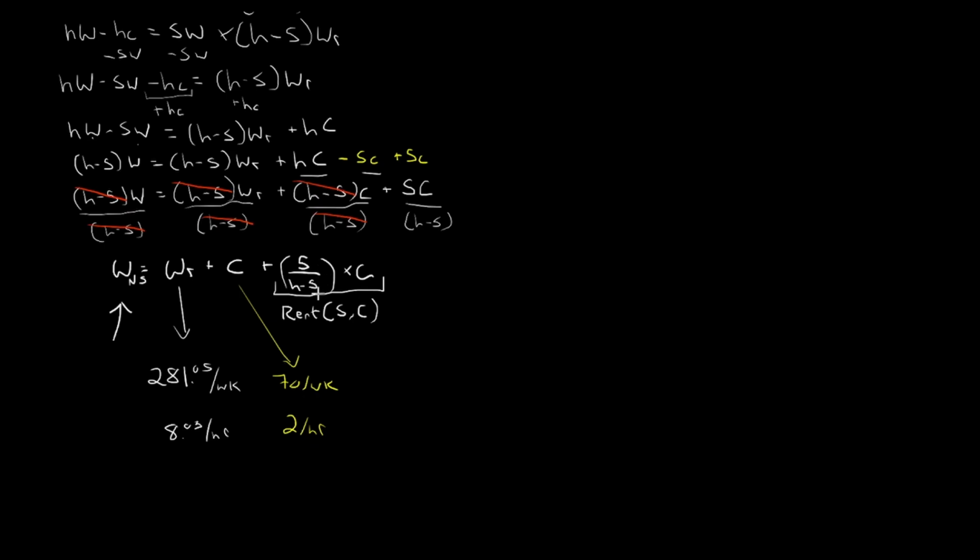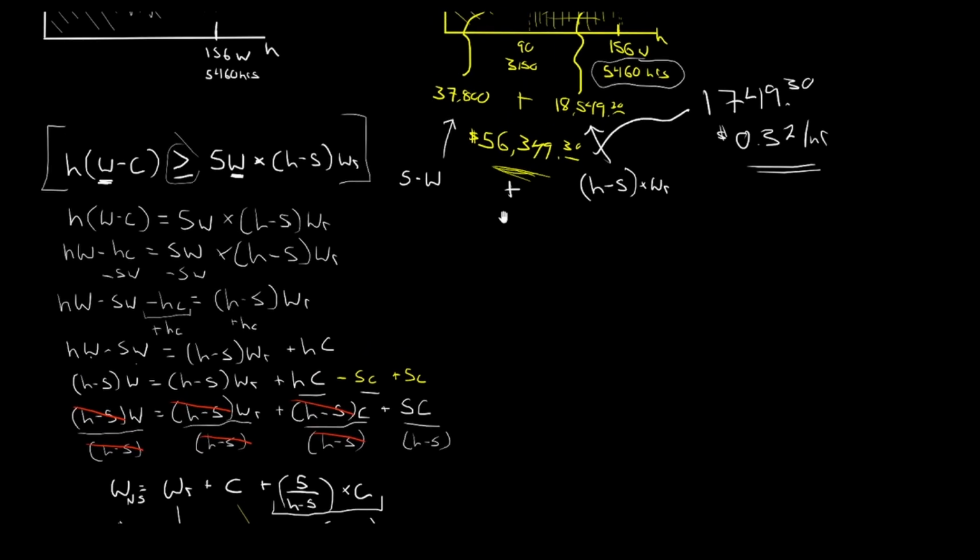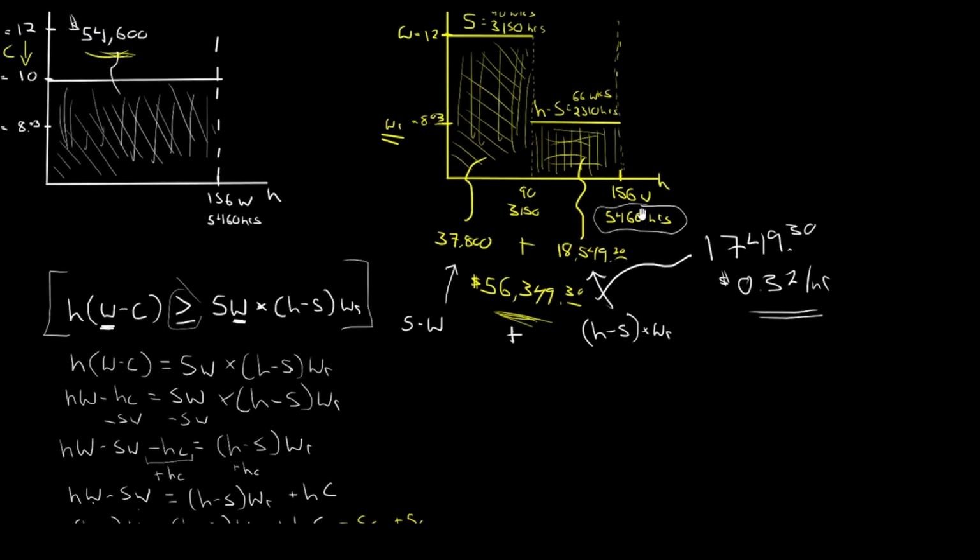What is the rent side here? Well, in this case, shirking, she got away with shirking for 90, all over 156 minus 90, so all over 66, times cost of 70. Or to put that the other way, I'm missing the number of hours, let me just go up and take a look again. There we go, 54.60 was our total hours.